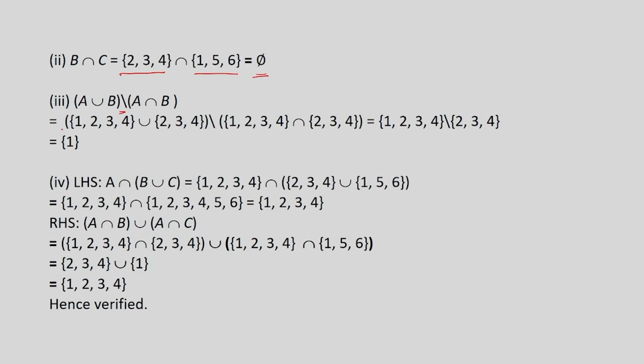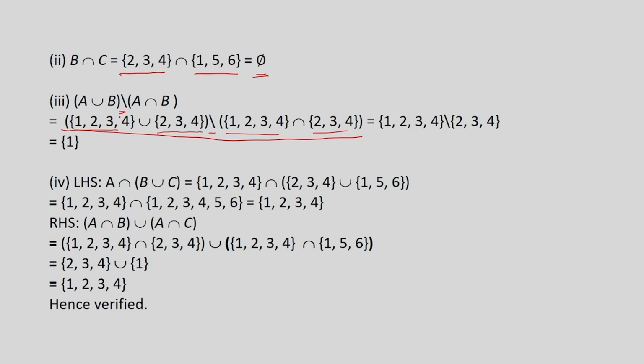So, we expand this, and that is what we are going to get. So, this is A 1, 2, 3, 4 union B. What is B? 2, 3, 4, and then you have this symbol, and then within the brackets again 1, 2, 3, 4 the first set, and intersection 2, 3, 4 the second set B.